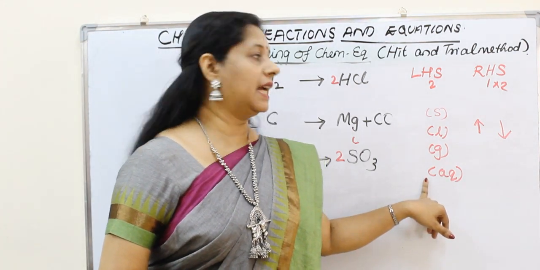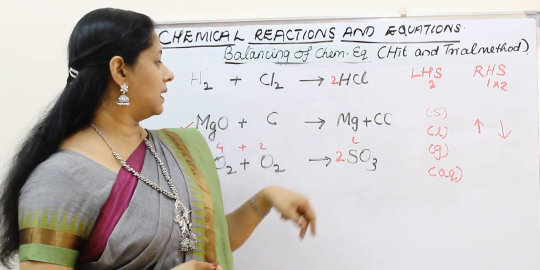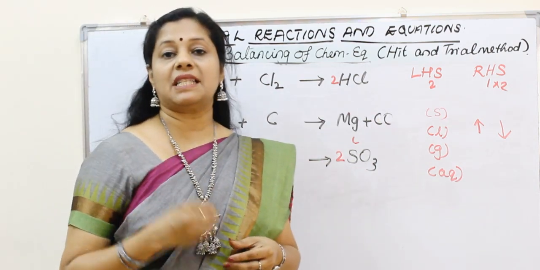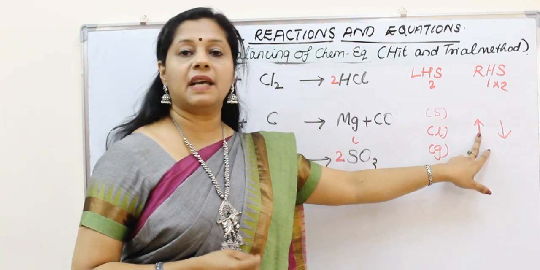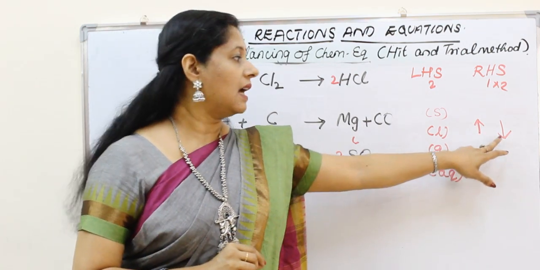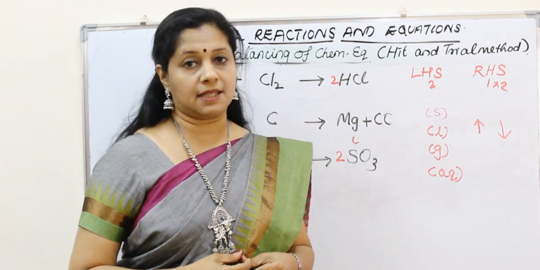AQ stands for aqueous. If a gas is evolving, like in the previous case we saw, when metal reacts with acid, hydrogen gas is evolved, the evolution of gas can be indicated by an upward arrow. At the same time, a downward arrow shows that something is sedimenting or a precipitate is forming.